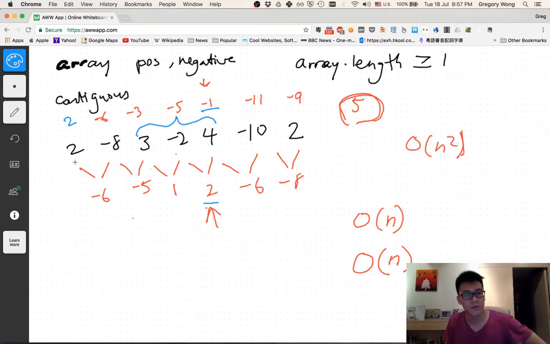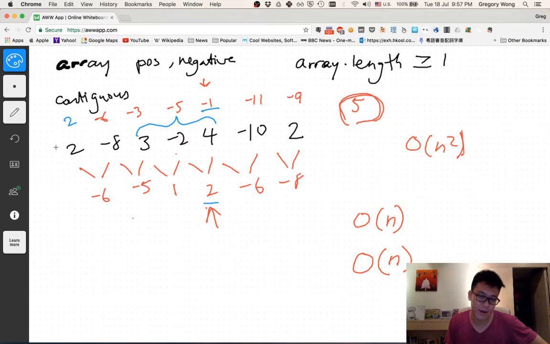Well, I could do it at all the positive numbers. I could start at 2 and then look at the next 2, I could start at 3 and look at the next 3, I could start at 4 and look at the next 3.